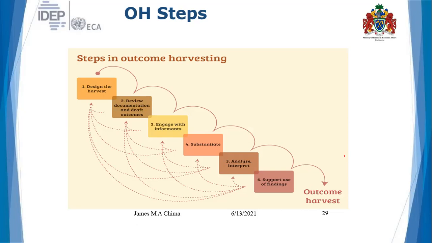What it means is that they can be followed in sequence, but each one of them can be fed back to refine the preceding steps as manifested by the arrows.